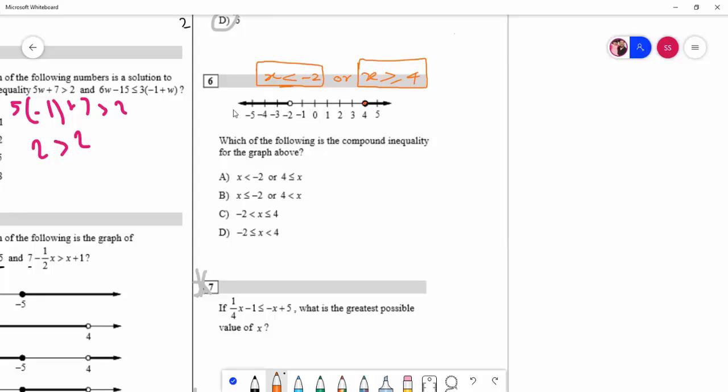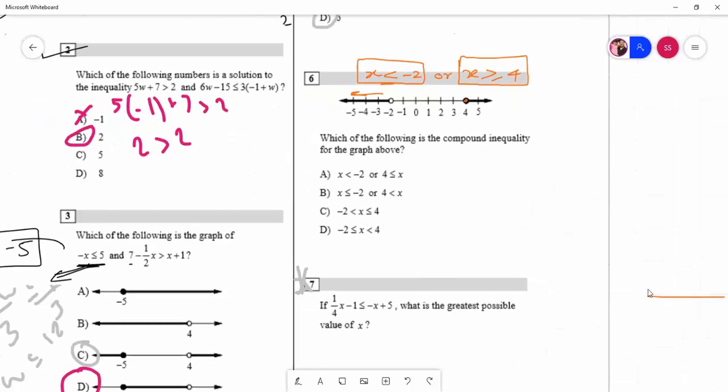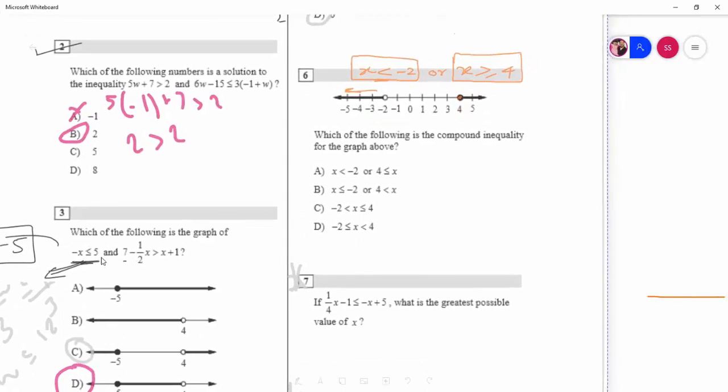Because they are going indefinitely, one is going to the right side, the other is going to the left side. But if this would have been the case of that question which we did, I think it was question number 3, option D, that was an and condition, and it's already in the question, it's and.